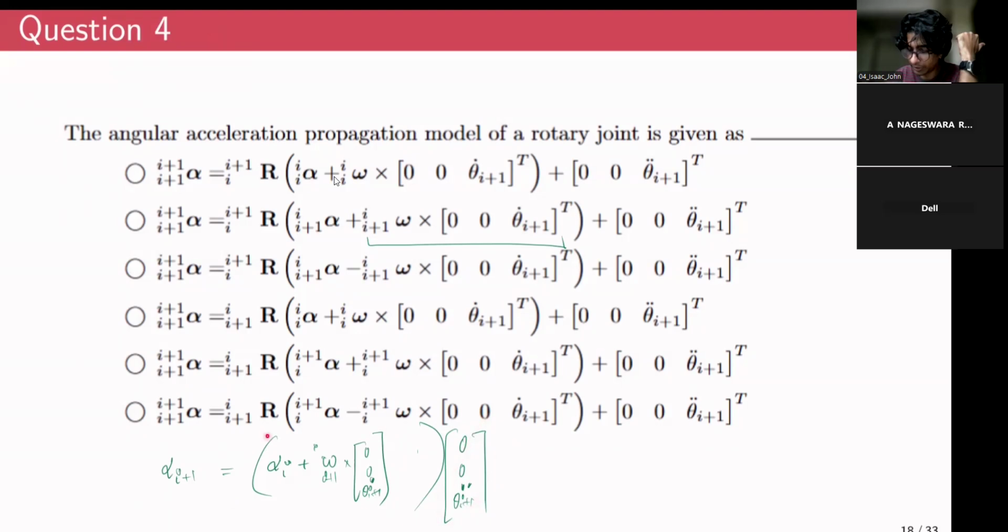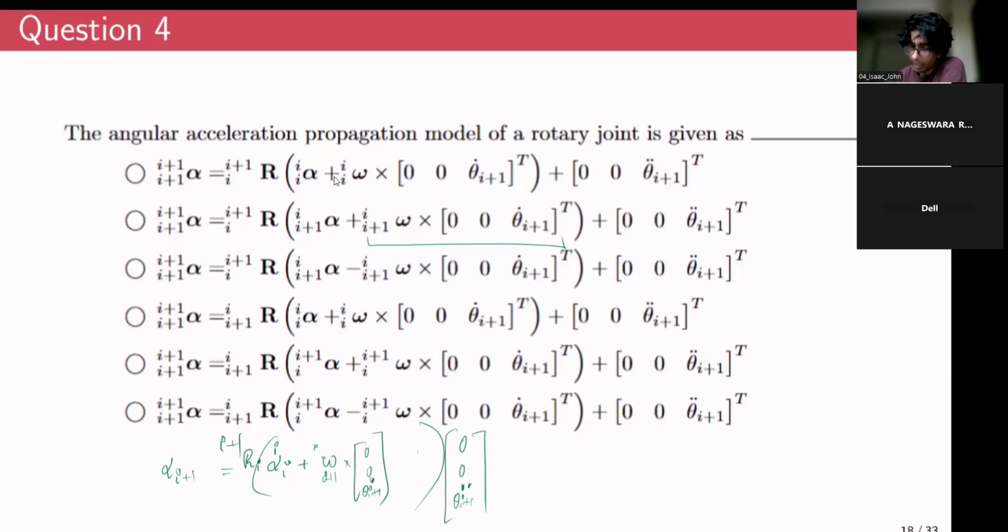And since this is a recursive equation, everything of the previous link was expressed with respect to the previous link itself, but now it has to be brought back to the current link. So you pre-multiply this equation with a rotation matrix, that is the rotation of I with respect to I plus 1.